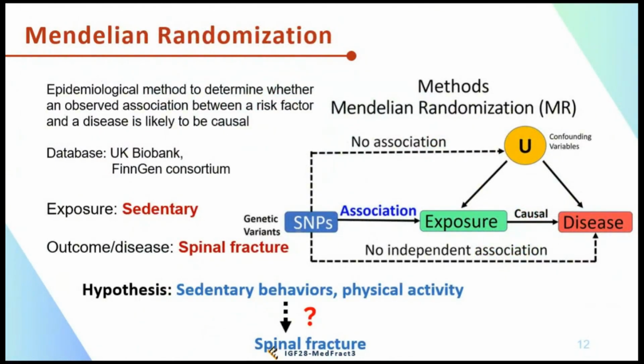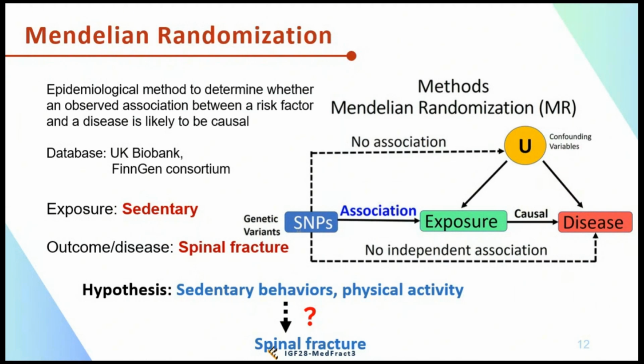Here, my hypothesis was very simple. Greater lifetime physical activity reduces the spinal fracture risk, while greater lifetime sedentary behavior increases it. Our exposures in this study are sedentary time and also physical activity. The outcome will be spinal fractures.